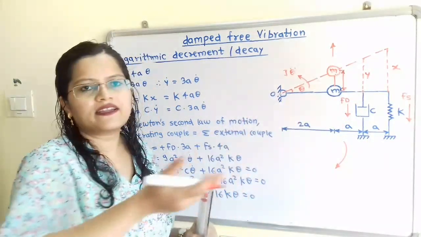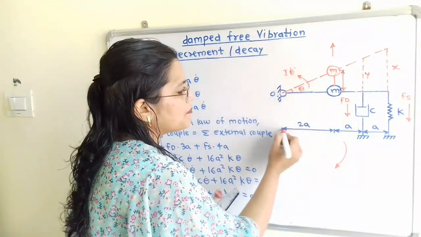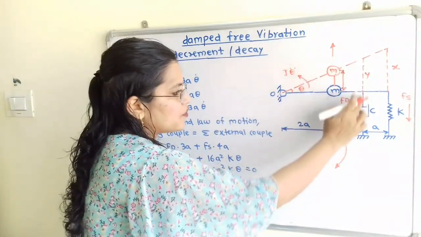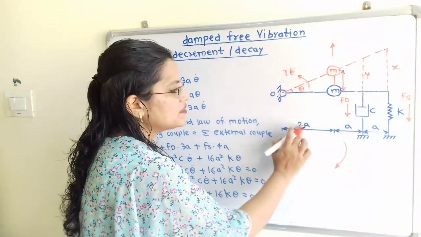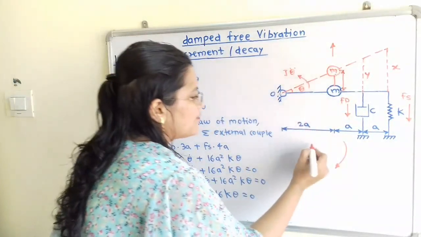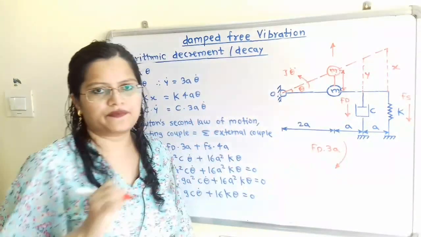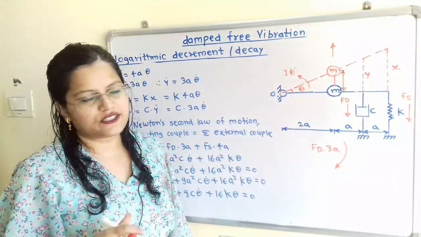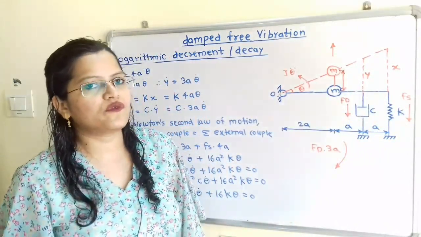How do we find the value of the couple? It is the force multiplied by the perpendicular distance from O. For Fd, that is for this damper, the perpendicular distance from O is 2a plus a, that is 3a. So for Fd, the couple is Fd multiplied by 3a, and this couple will act in the clockwise direction.